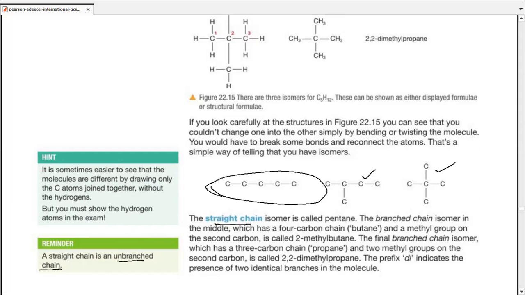Now, the name for this one contained one branch. However, this one contained 2 branches. So the prefix di is going to indicate that there are 2 identical branches in this structure. Make sense? Okay, moving on.